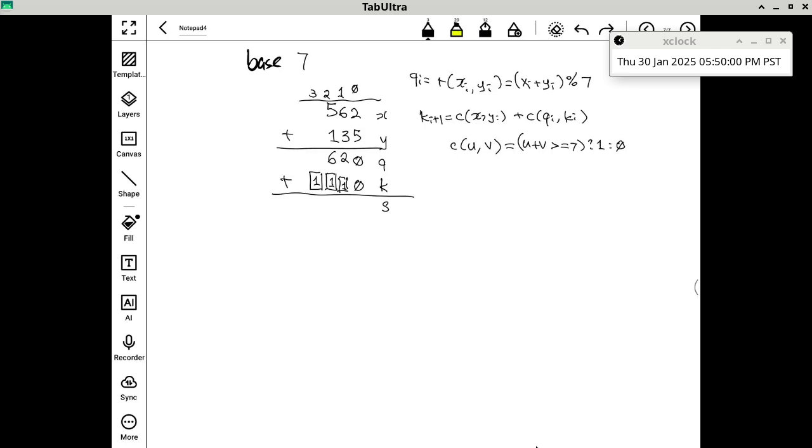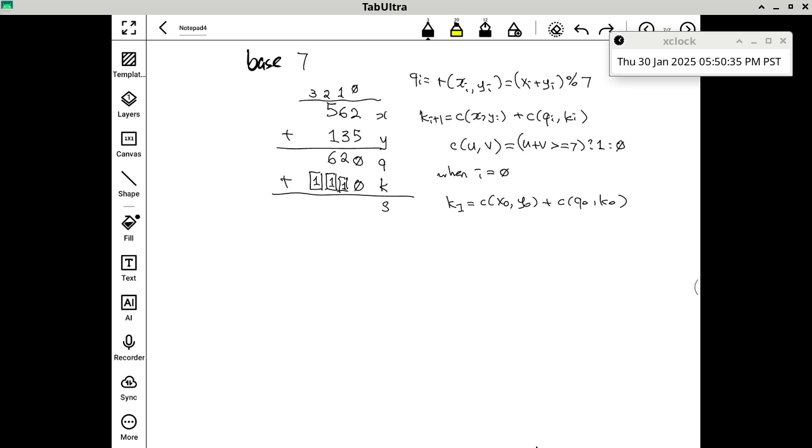I just apply this equation when i equals 0, when i equals 1, and also when i equals 2. Then I just plug in all the values. I'll show you one particular one. When i equals 0, k1 is c of x0, y0 plus c of q0, k0.